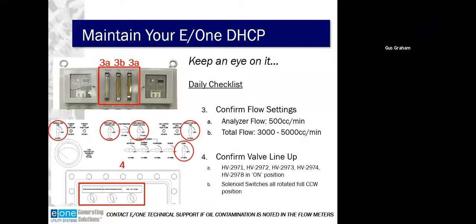And lastly, we want to look at our solenoid valve positions, and those switches on the face of the flame-proof enclosure should be all rockered to the full counterclockwise position.